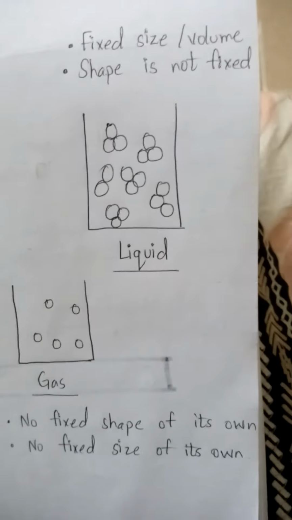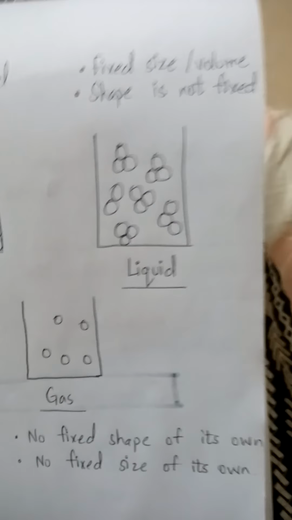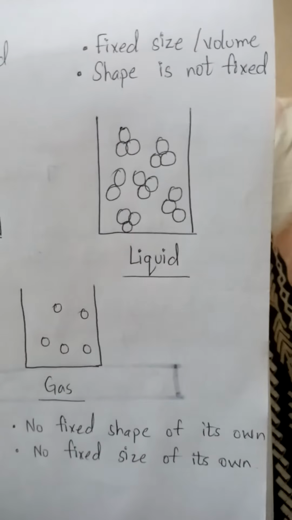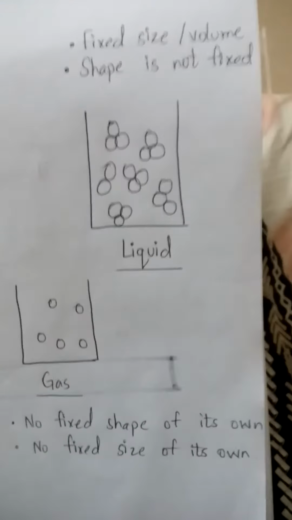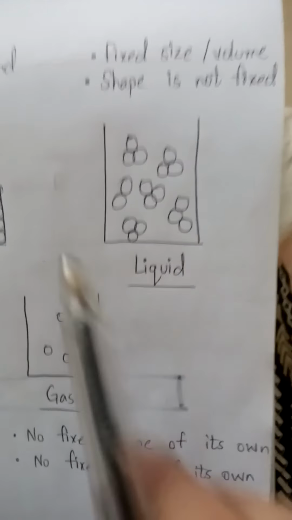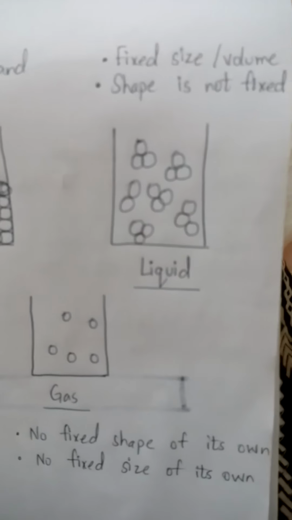For example, if you accidentally spill a glass of water, you can see how conveniently and easily the liquid flows, right? This is because of the arrangement of these molecules. They have distance between them.